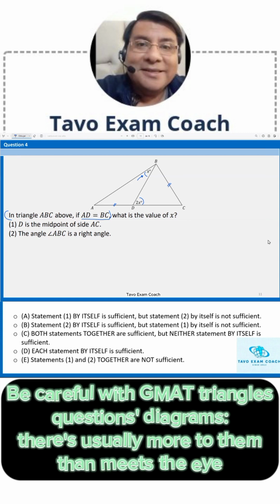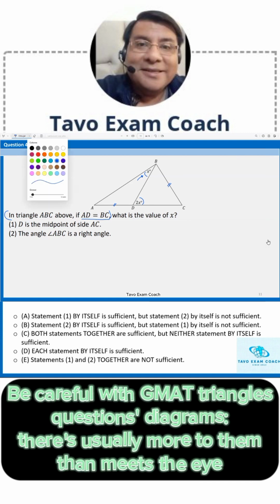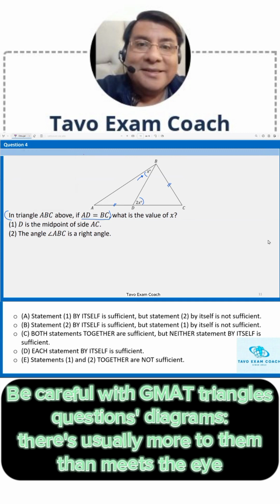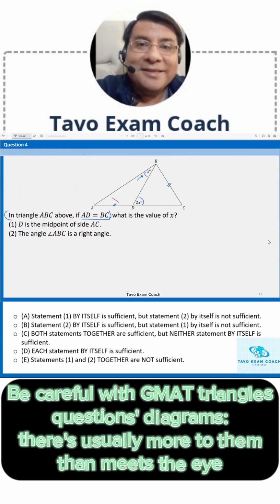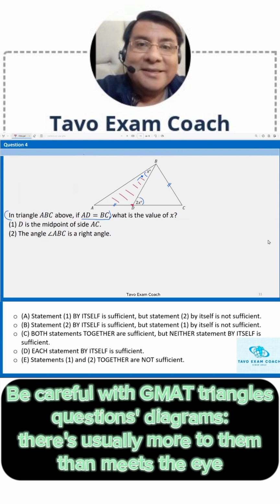Let's use a different color to make this evident. Take a look for a moment at this triangle only, the one I'm shading. Triangle ABD has one vertex with a measure of x degrees, this interior angle above. But on vertex D, the measure of the exterior angle is 2 times x.